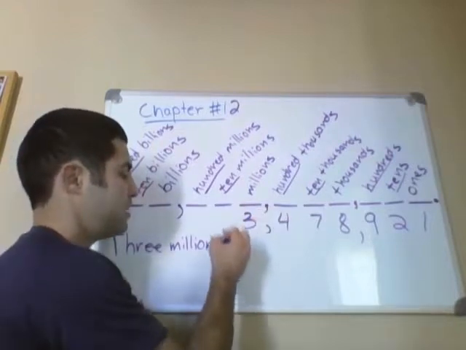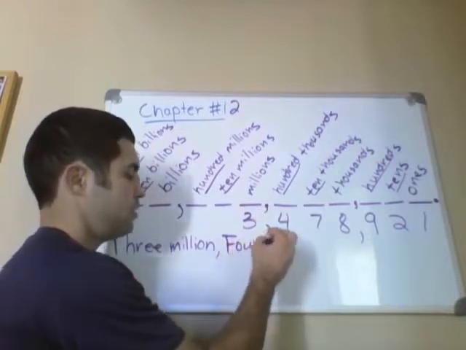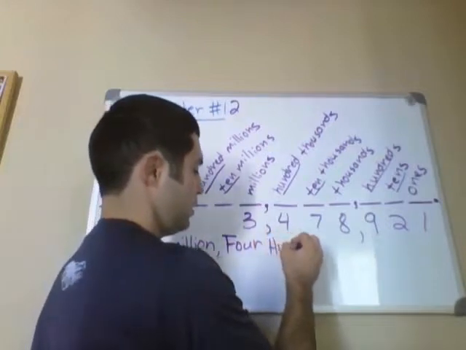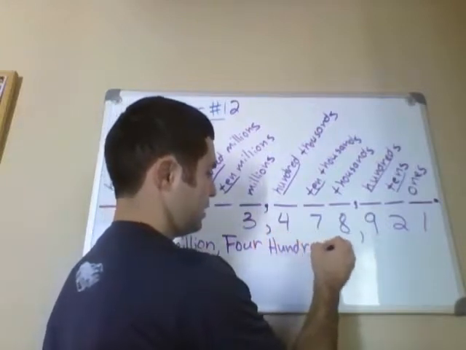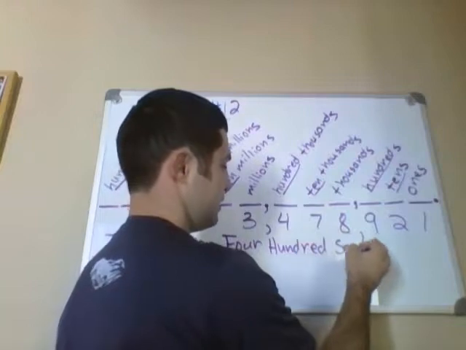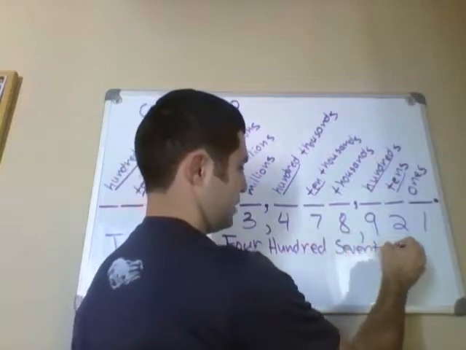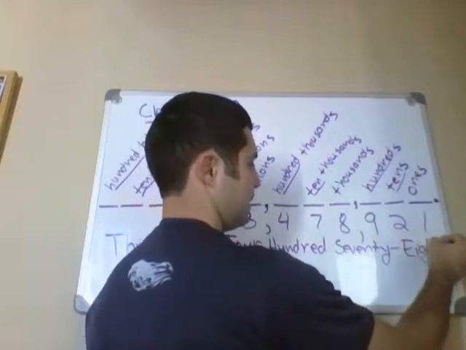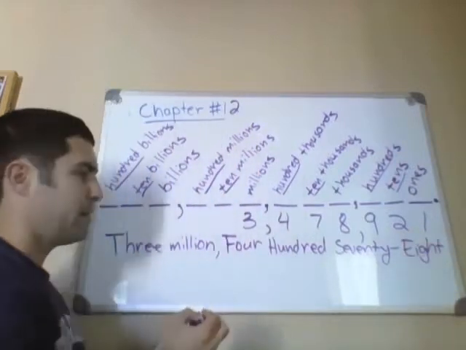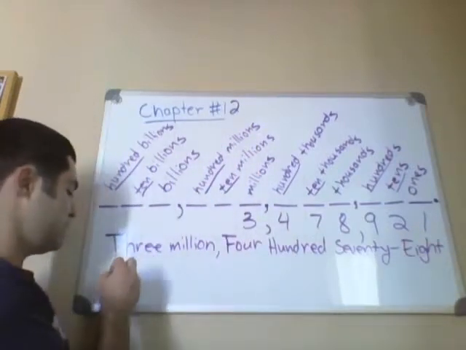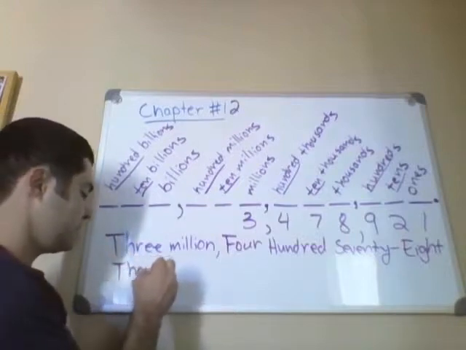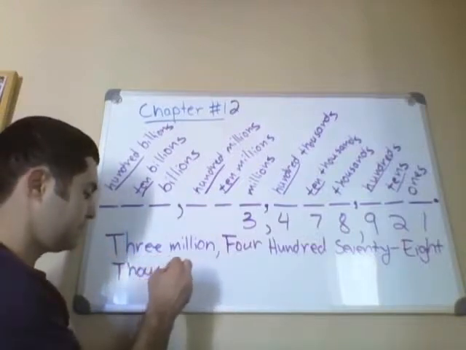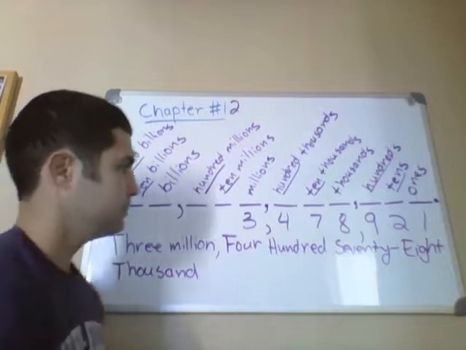So this is going to be 478. I'm out of room on that line, so I'm going to go to the next line. 1,000.